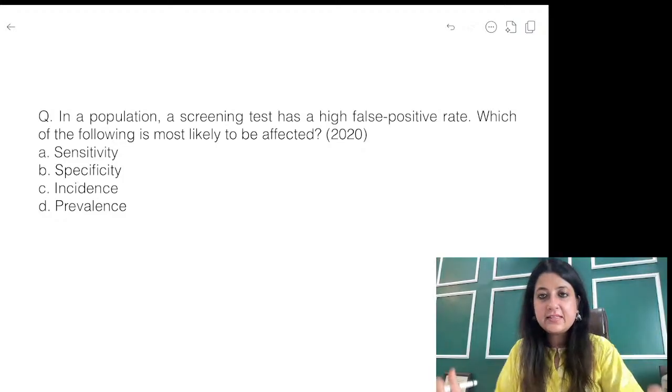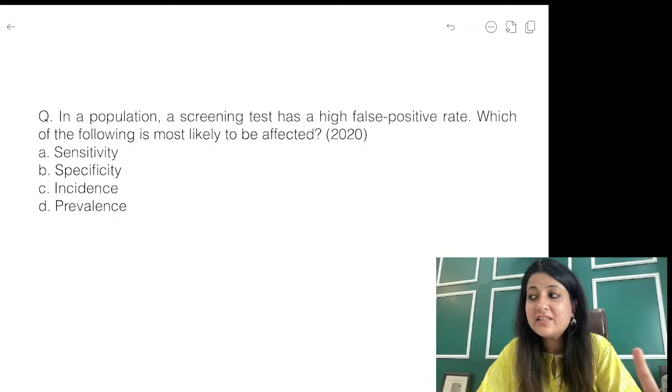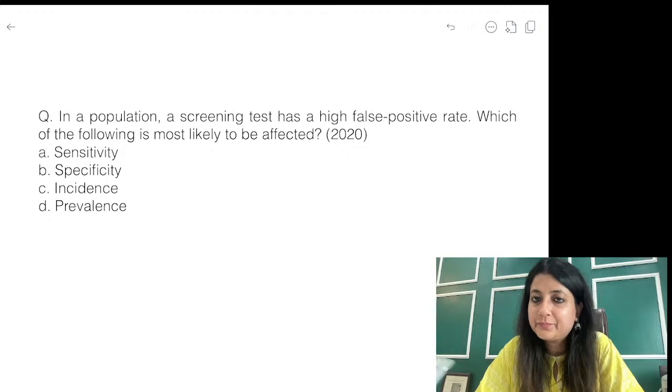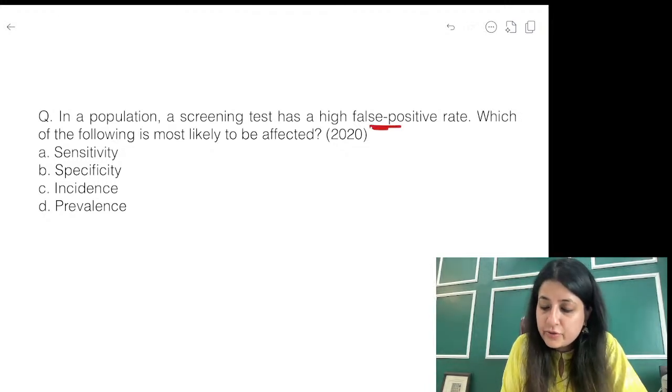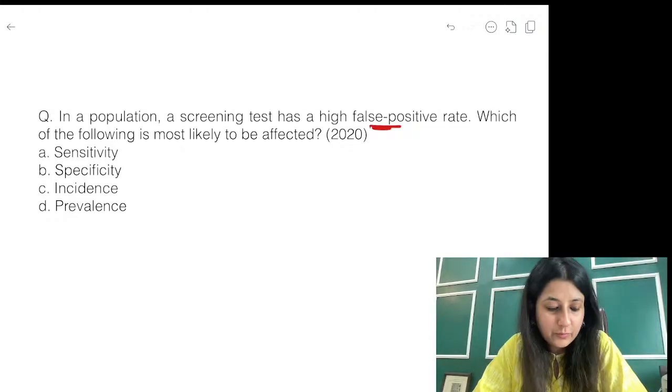Now think and answer this. In a population, a screening test has a high false positive. It's not difficult, trust me. Which of the following is it most likely to be affected? कैसे करोगे इसको? सोचो, where do you take false positive? In which formula do you take false positive, guys?